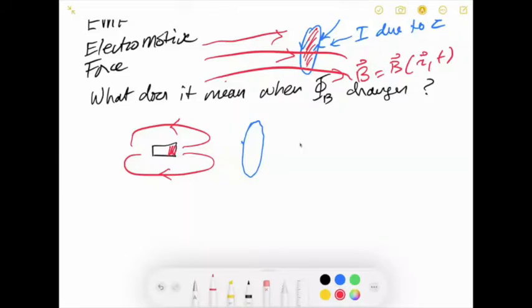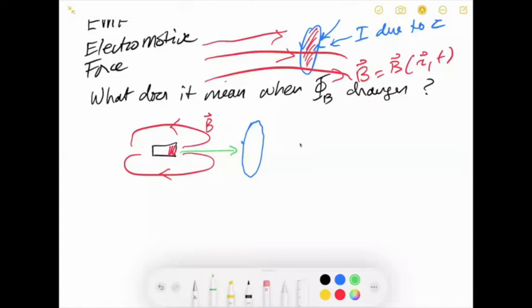So the magnet has some magnetic field, and we can, for instance, move the magnet towards the loop.